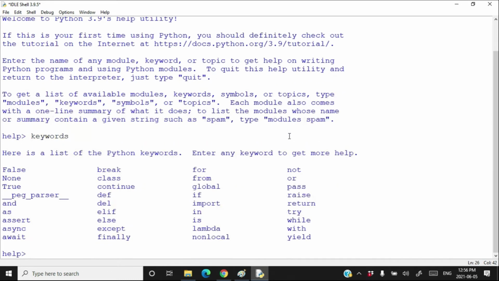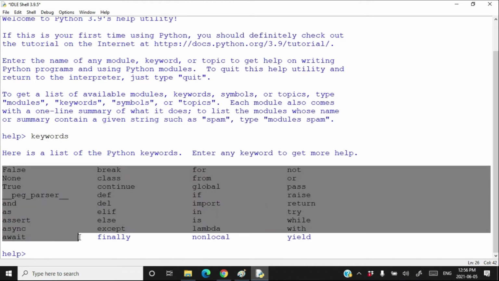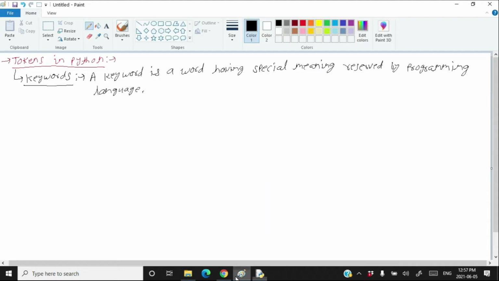Press enter and here are the keywords used by Python. So these are the keywords used by Python 3.9. These words cannot be used by programmers for their own purpose, that is, to create a variable. So hopefully you got the meaning of keywords in Python, or keywords in any programming language.